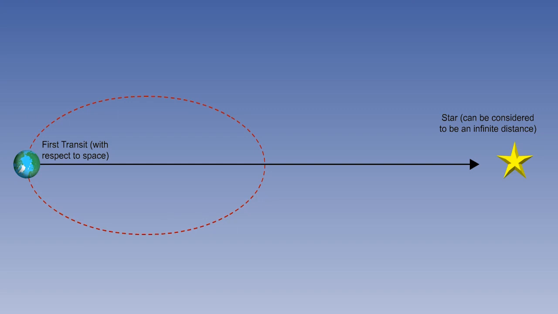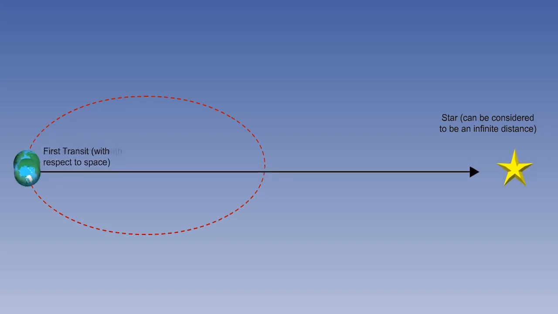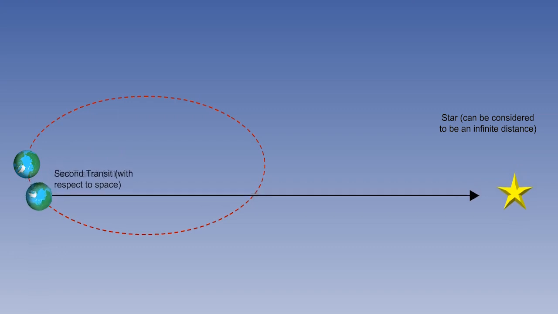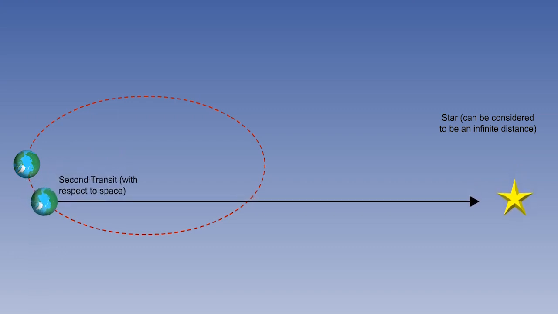The distance can be regarded as being infinity for all practical purposes, so the light from it to the Earth is parallel, even though the Earth moves round its orbit. The Earth rotates once, and in that time moves a small amount round its orbit. It has turned through exactly 360 degrees with respect to space. This is called a sidereal day.